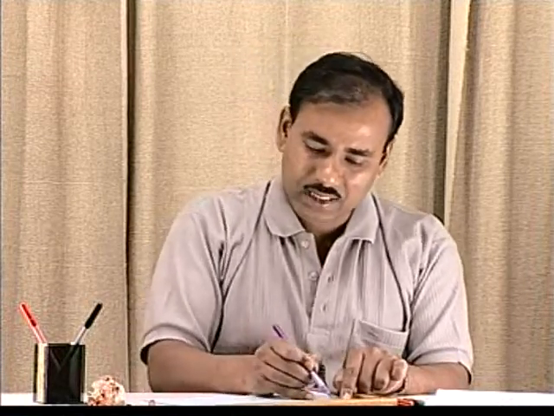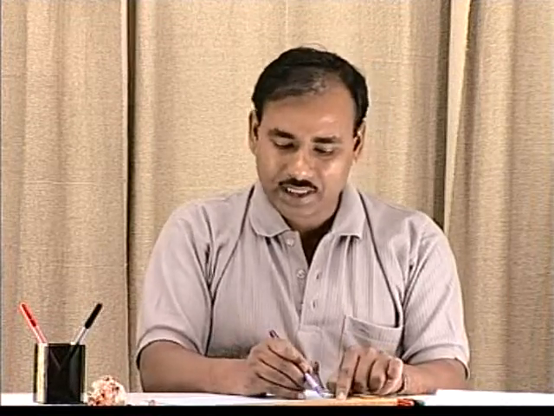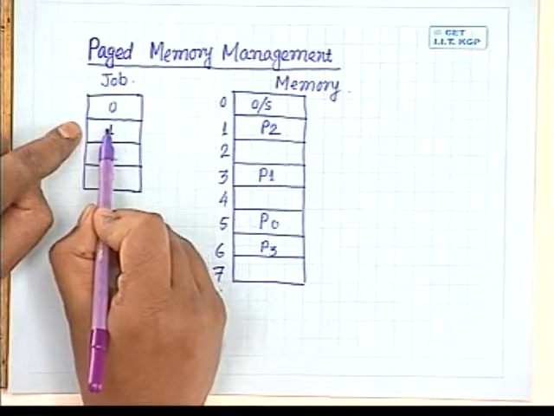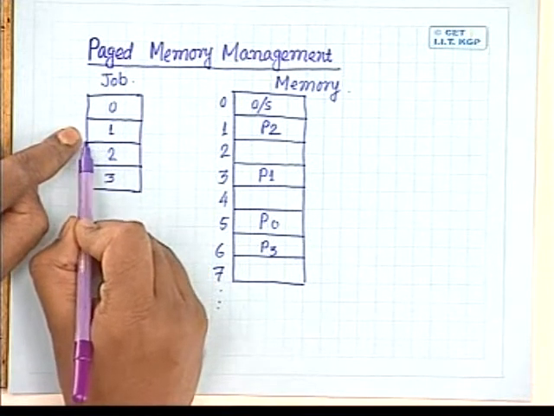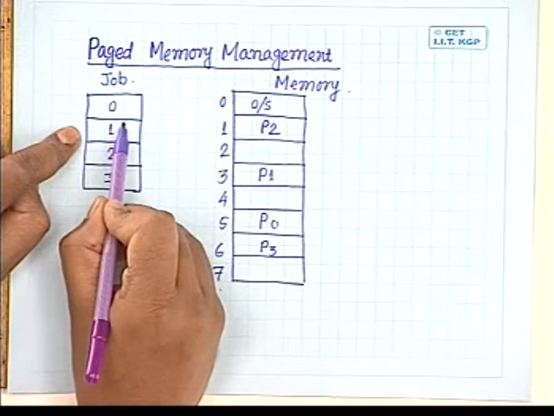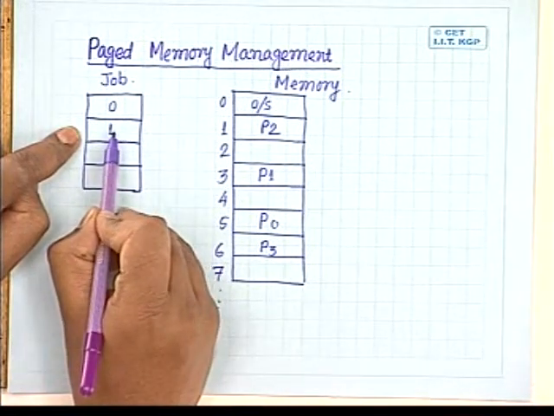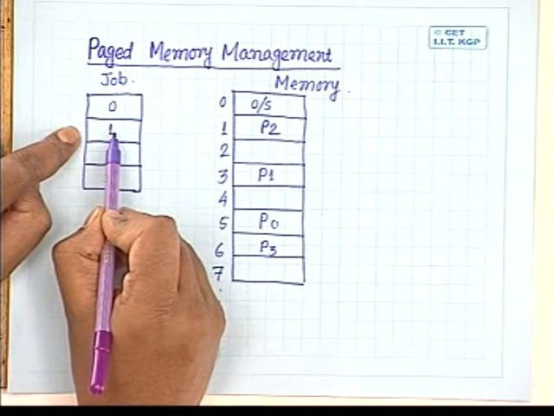Whenever an address has to be generated, the logical address has to identify the page number to which it corresponds and the offset within the page, to give you a particular location within the logical address space.